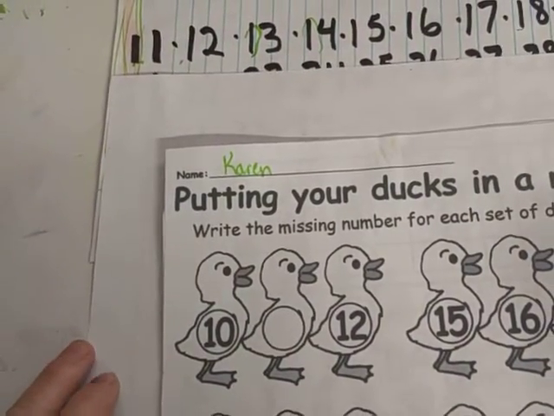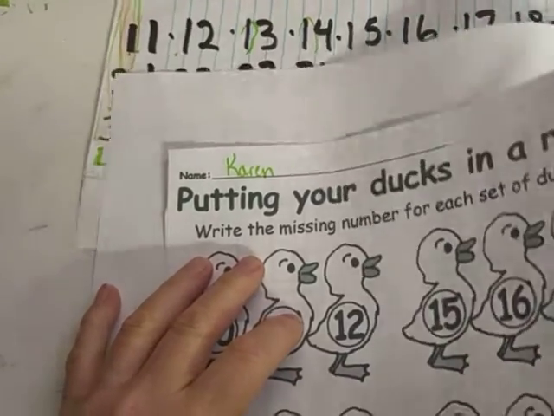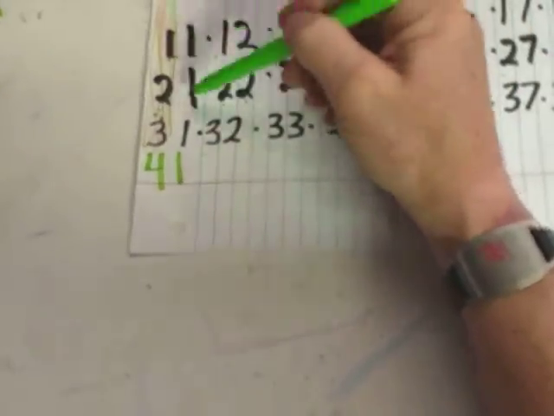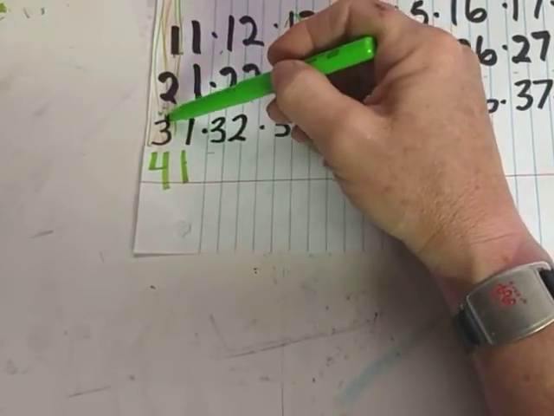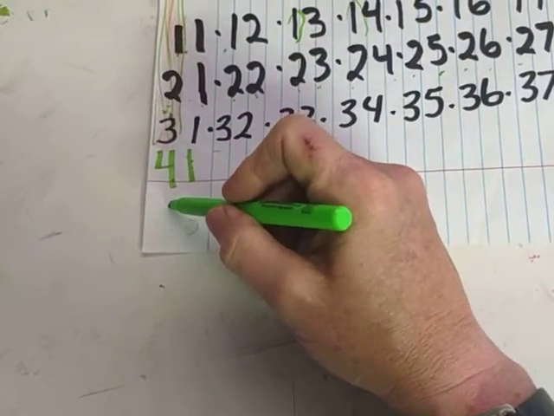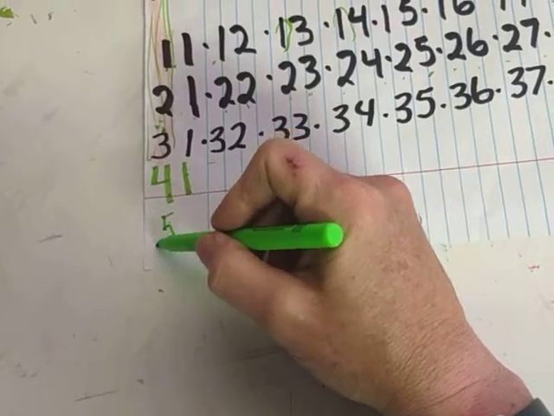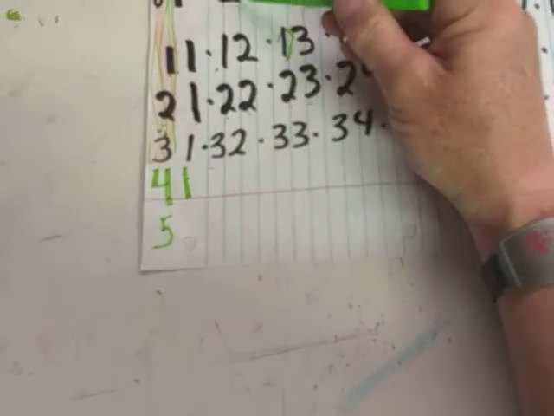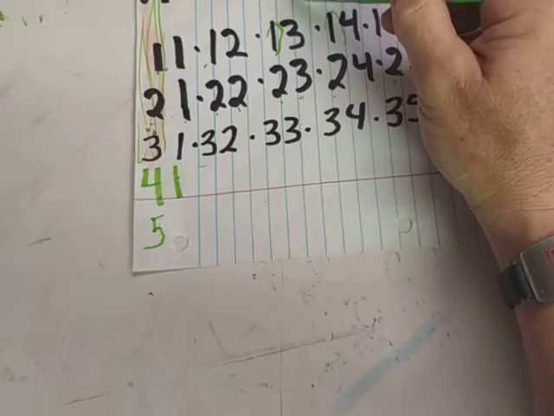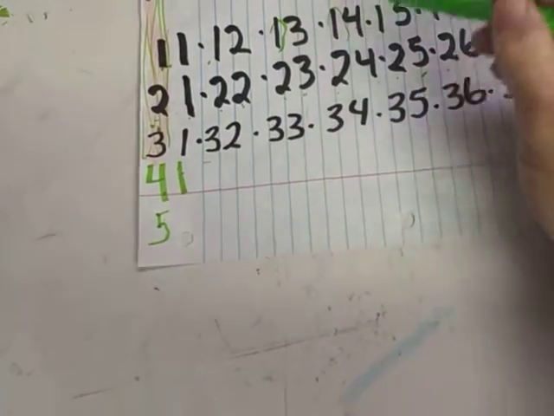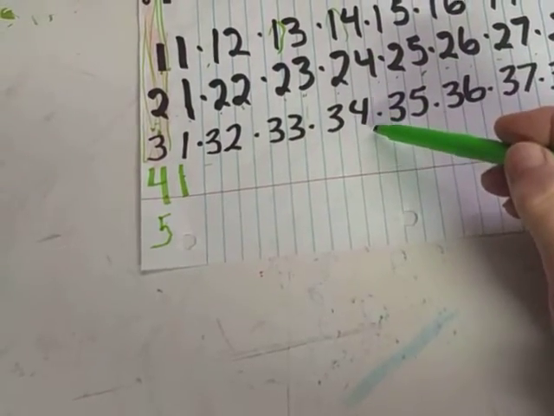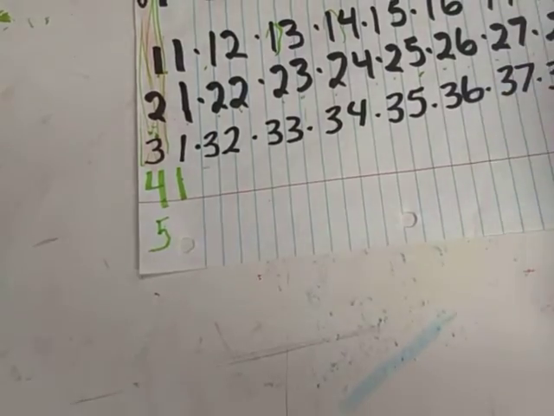Let's look at my number line again. We have the numbers 1, 2, 3, 4. What do you bet this one would be? Probably 5, yep. And here, this is our 2's row, and this is our column, and our 4 column, and our 5, and a 6, 7, 8, 9, 10.